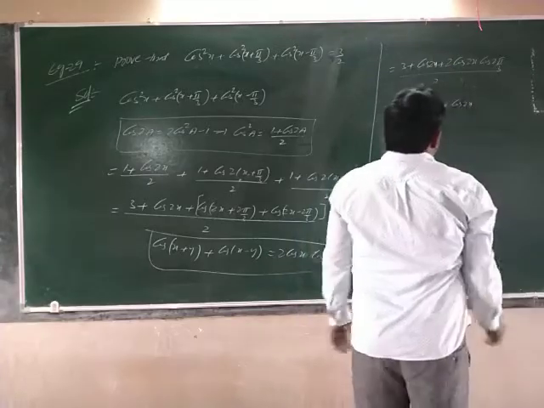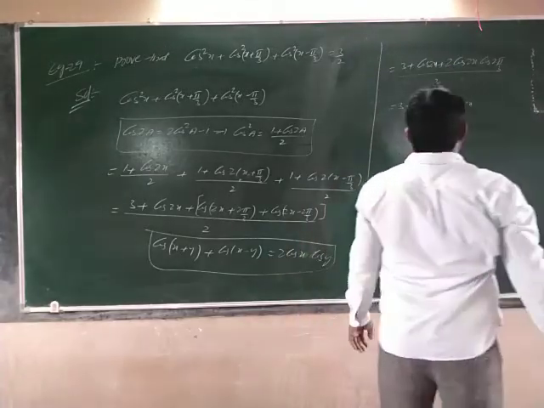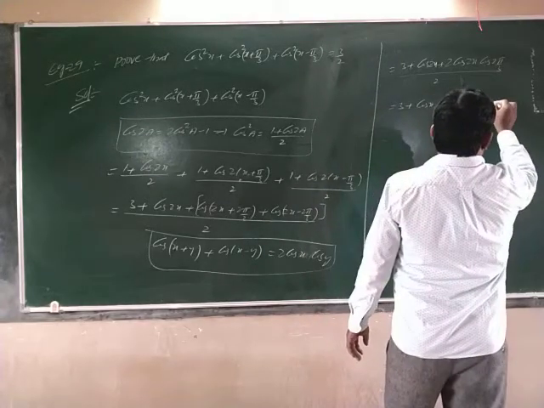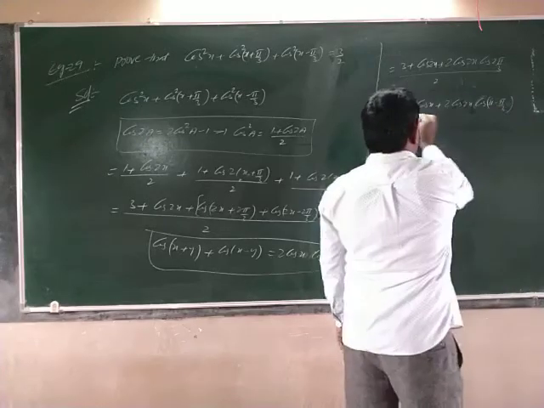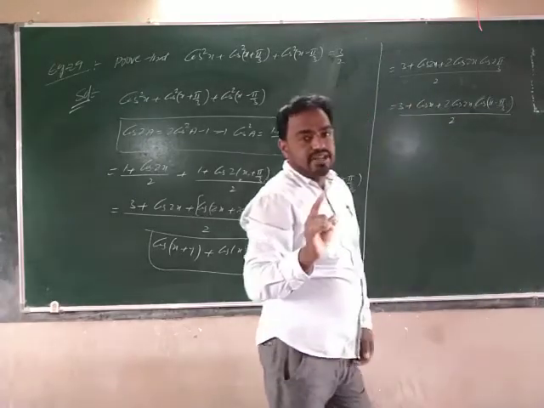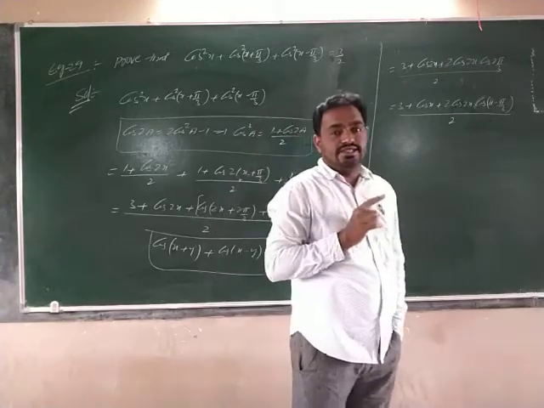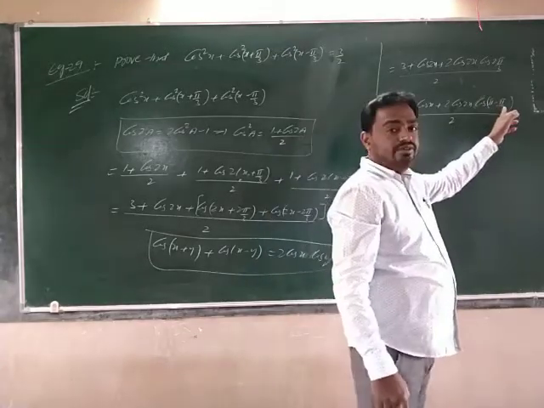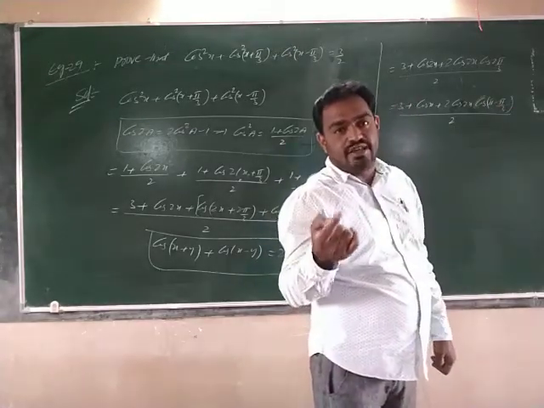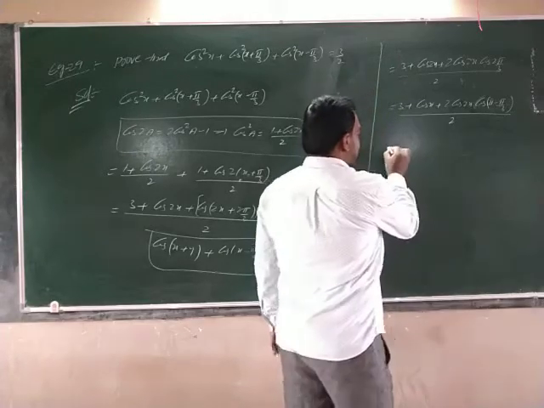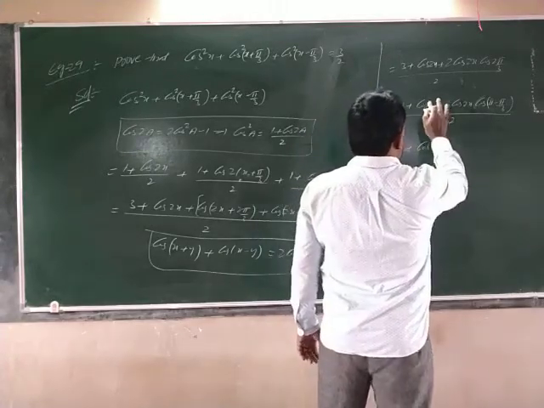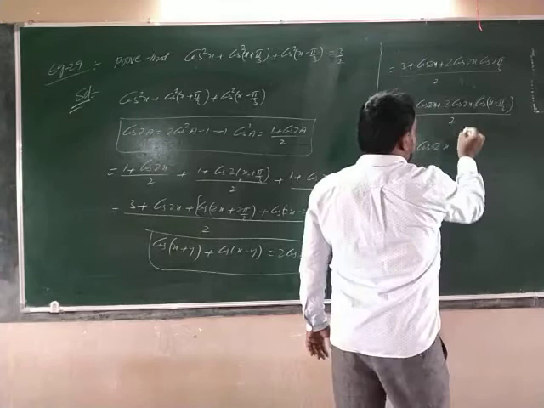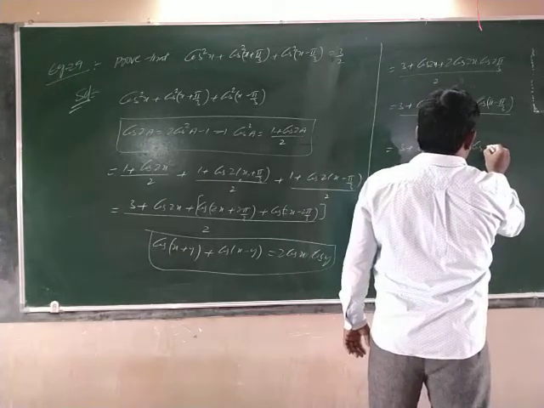Cos 2 pi by 3: 2 pi by 3 means 120 degrees. 120 degrees is equal to 180 minus 60. So cos of 180 minus 60 is minus cos 60. So 3 plus cos 2x, plus and minus, 2 cos 2x into cos 60.